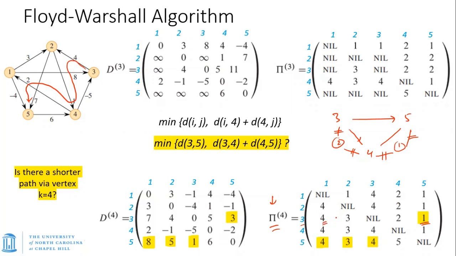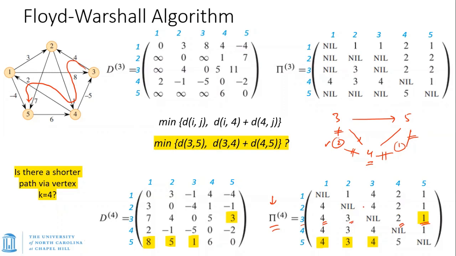See how we're making our way backwards? We said 3 to 5, the predecessor is 1. To get to 1, the predecessor is 4. To get to 4, the predecessor is 2. To get to 2, the predecessor is yourself.